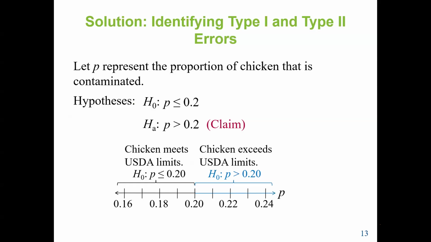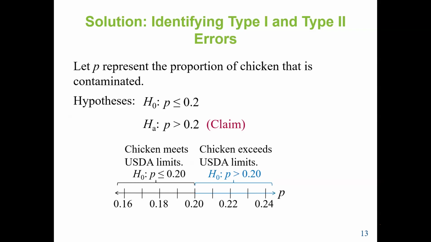Then we can see where the 0.2 is. We say if the chicken exceeds the USDA limit, it means p is greater than 0.20. If the chicken meets the USDA limit, it means p is less than or equal to 0.20. So that's our H0 and Ha.